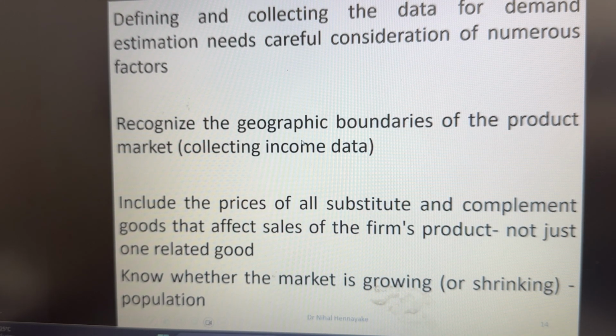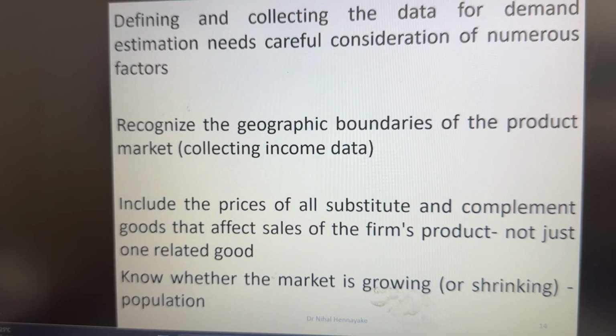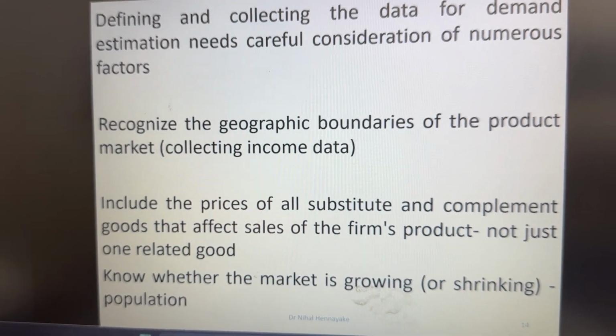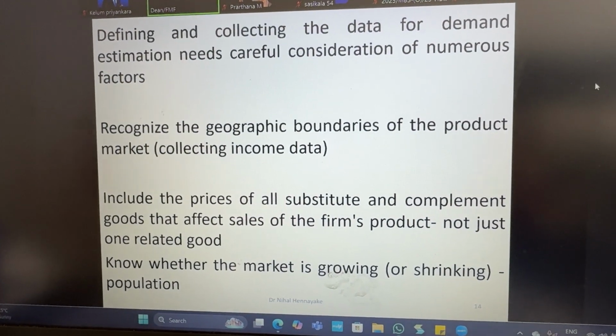And defining and collecting data. So I told you that I'm going to give you a take-home assignment, which is a group assignment, from this topic. Probably a topic like this. I will ask you to choose a product, and then find the demand determinants of that particular product.